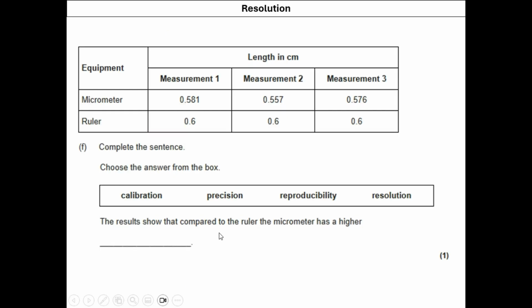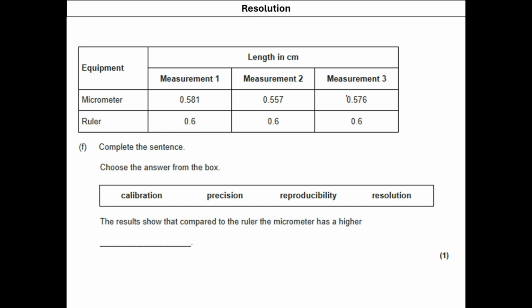Another example. So again, we've got a table that's actually about a micrometer and a ruler. So 2 different instruments that could be used to measure distance. You probably haven't used the top one, but it doesn't matter for the question. Complete the sentence, choose the answer from the box. The results show that compared to the ruler, the micrometer has a higher.